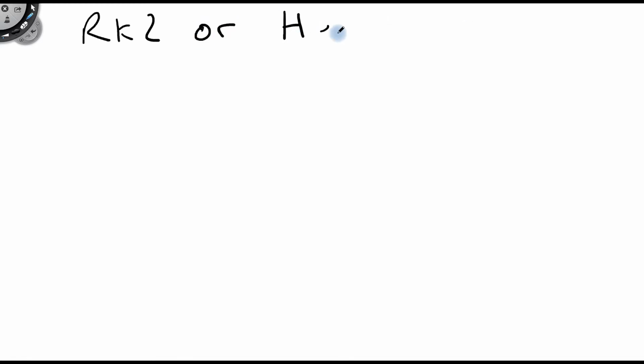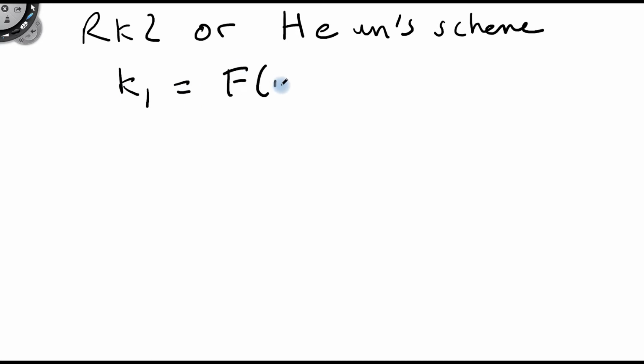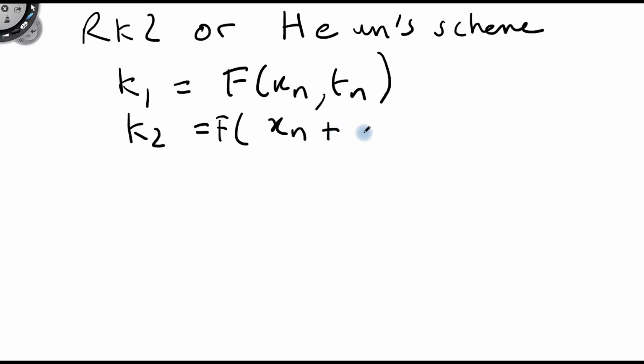The idea with that is that you had these two values of your function: the function at the start of your interval, k1, and the function approximately at the end, k2.